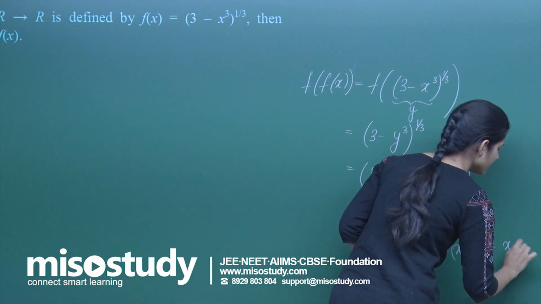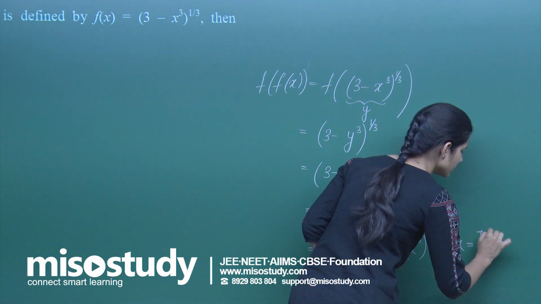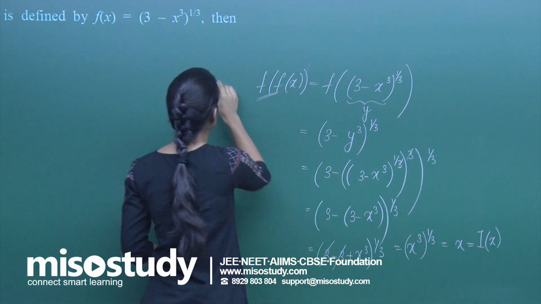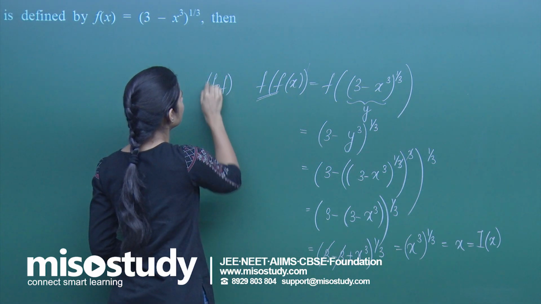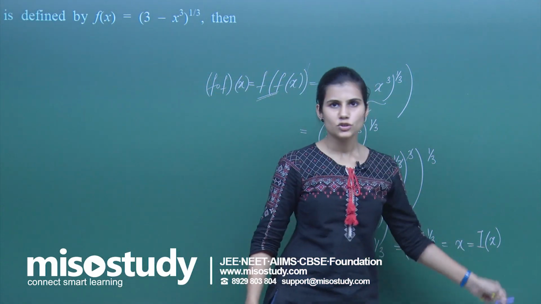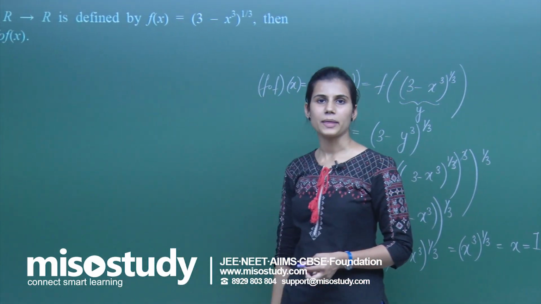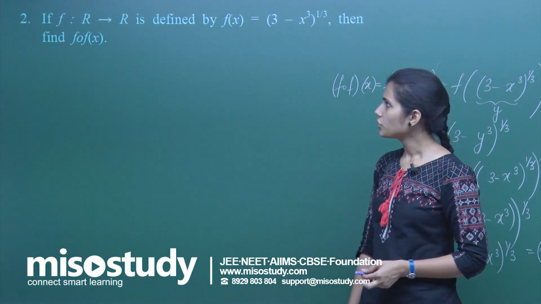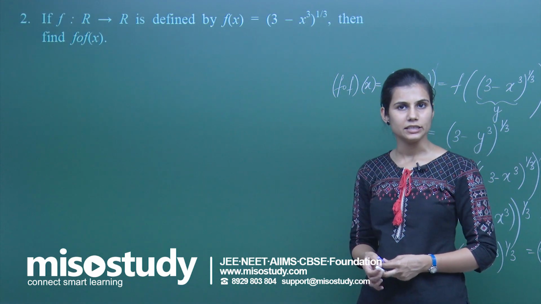So x means the identity function applied on x. So FOF of x is coming out to be the identity function on x. So over here FOF is nothing but the identity function on the collection of all reals, that is the domain. So here FOF is coming out to be the identity function.